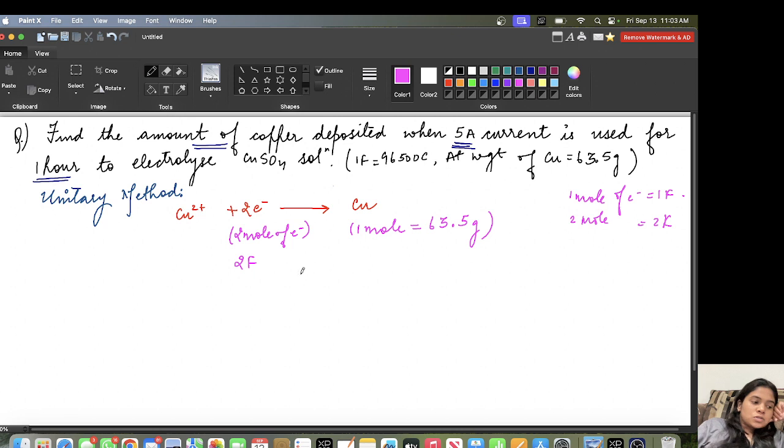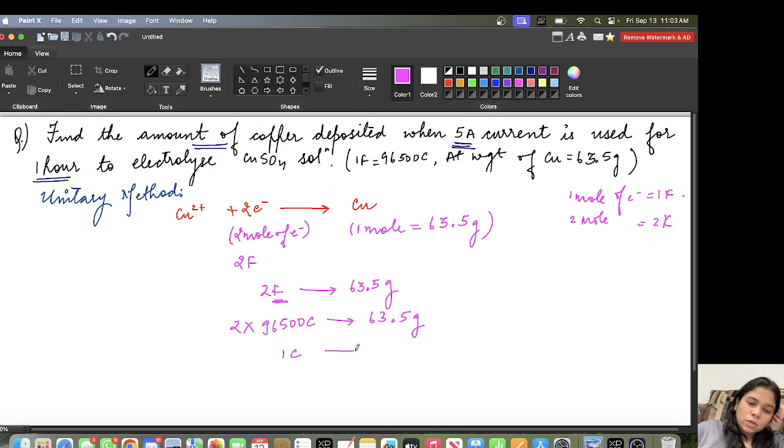Okay. So they are asking us the amount of copper deposited, right? Now 2 Faraday is giving you 63.5 grams. What is Faraday equal to? 96500 coulomb. Because 96500 coulomb is giving you 63.5 grams.